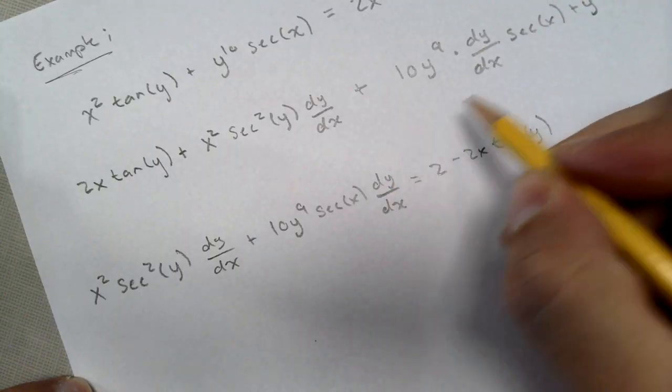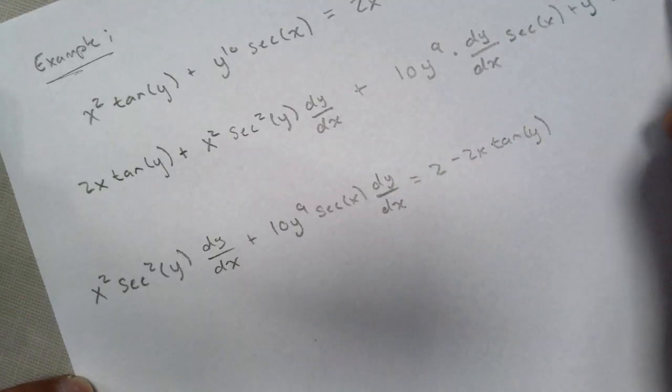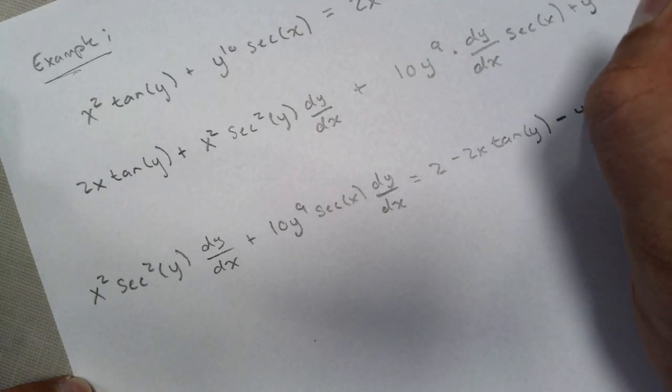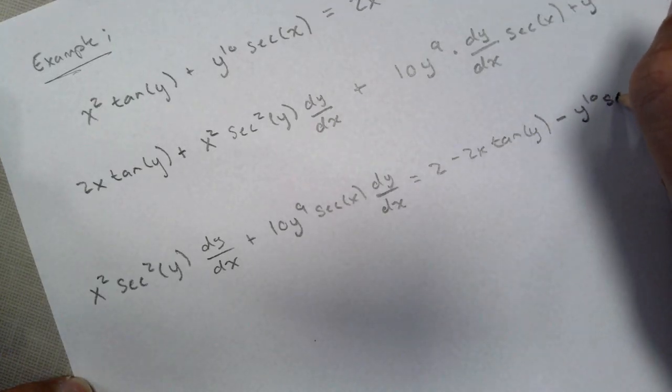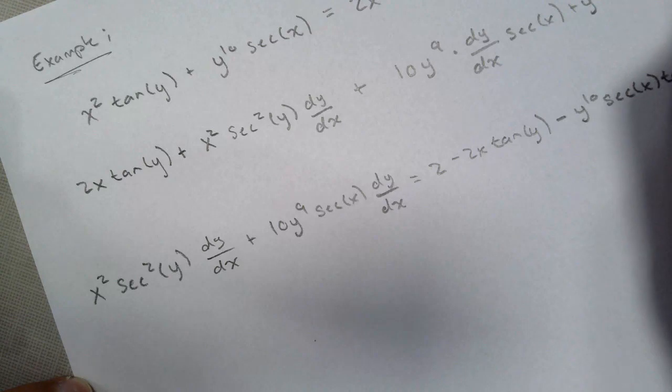And then we're also going to subtract y to the 10th secant x tangent x. So minus y to the 10th power secant x tangent x.